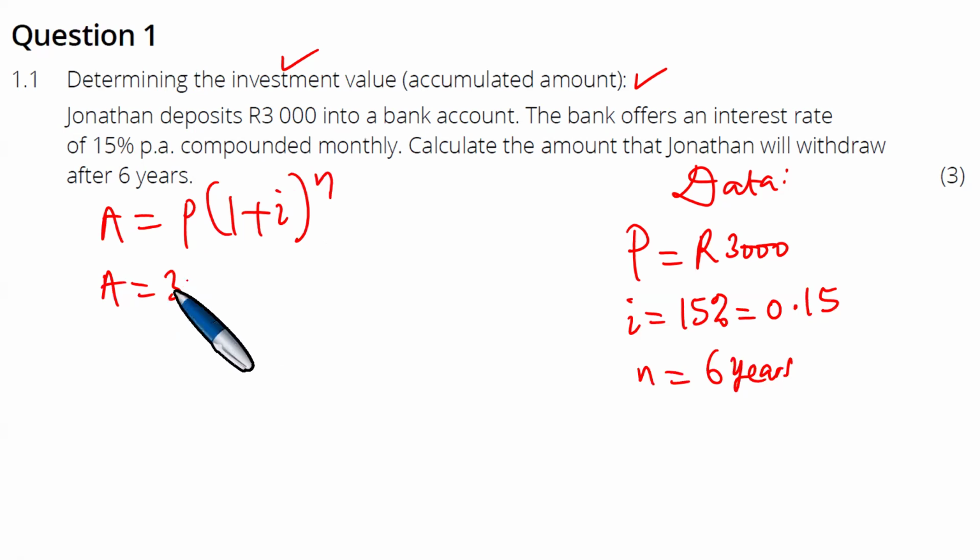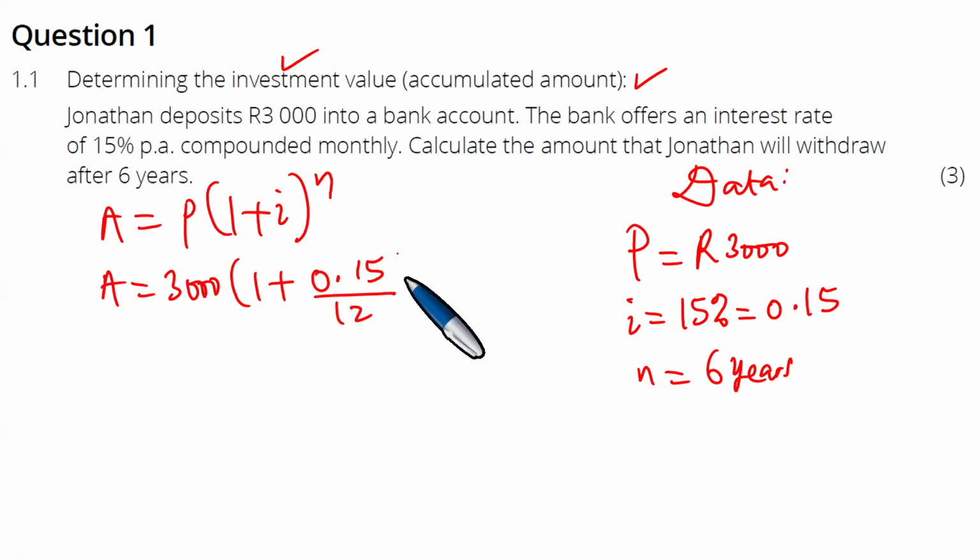The present value is 3,000, i is 0.15 divided by 12 because it's compounded monthly, and n is 12 times 6, so you multiply the number of years by 12. Then you use your calculator to get the answer.